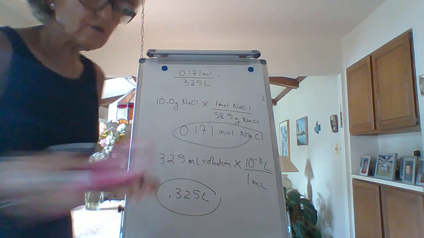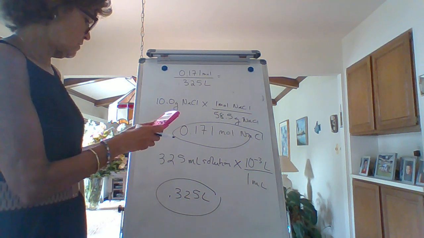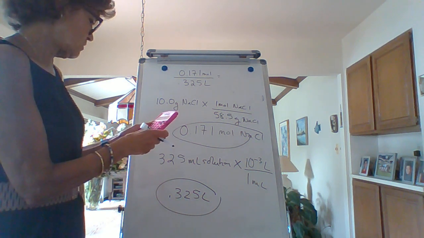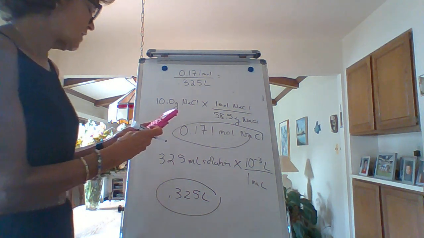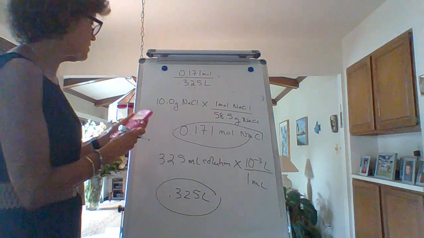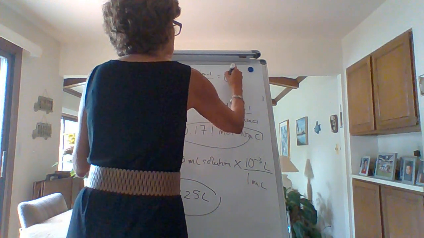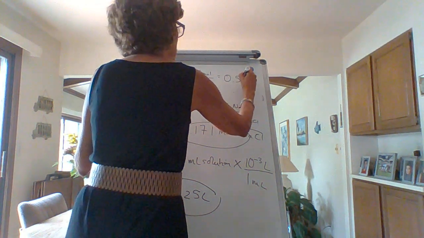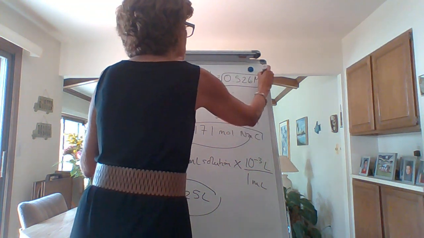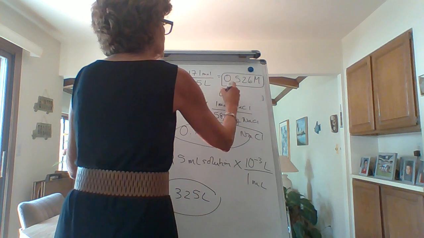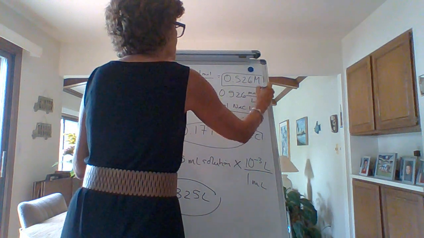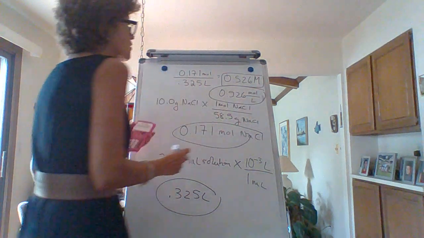I get my calculator, 0.171 divided by 0.325, and I get 0.52615, etc., etc. I want only 3 sig figs, so your final answer is 0.526 capital M. So you either write capital M or you write 0.526 moles per liter. Either one of those is correct.